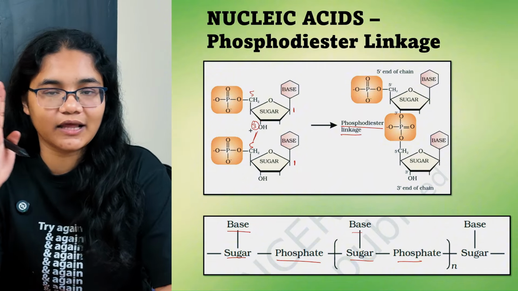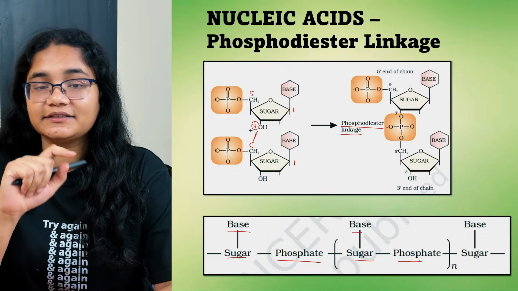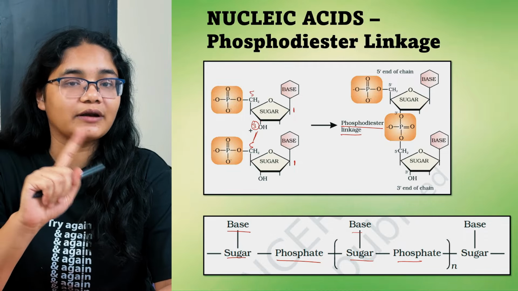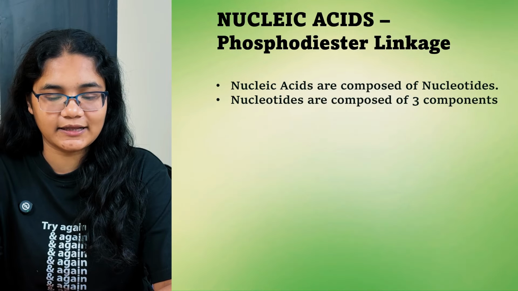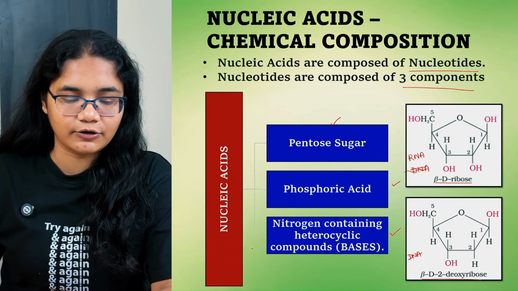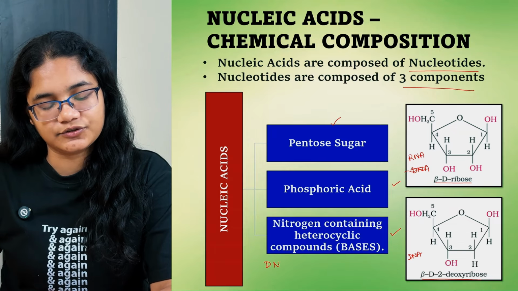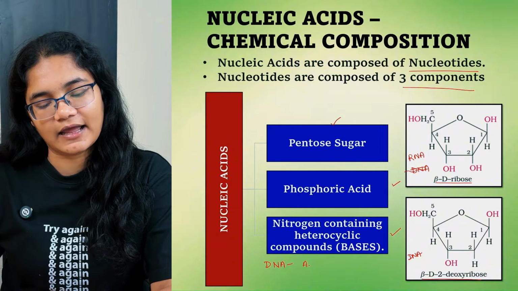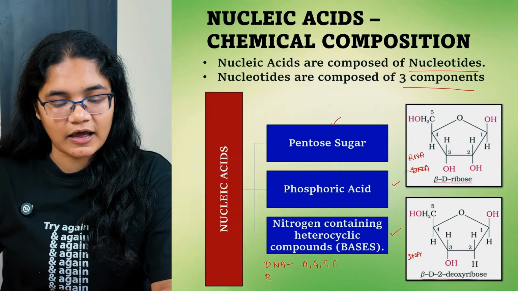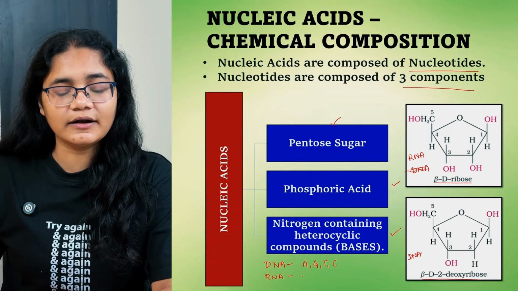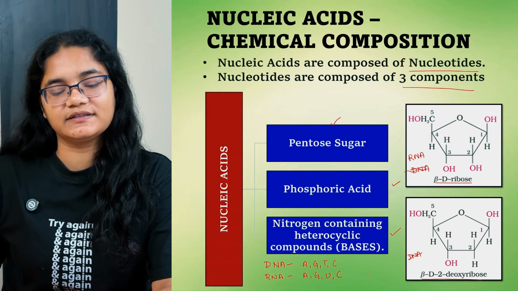So we understood that the sugar present in DNA is deoxyribose sugar, whereas the sugar in RNA is ribose sugar. Now, there's one more difference in the nitrogenous bases. DNA has adenine, guanine, thymine and cytosine, whereas in RNA the nitrogenous bases are A, G, and instead of thymine we have uracil, and cytosine.